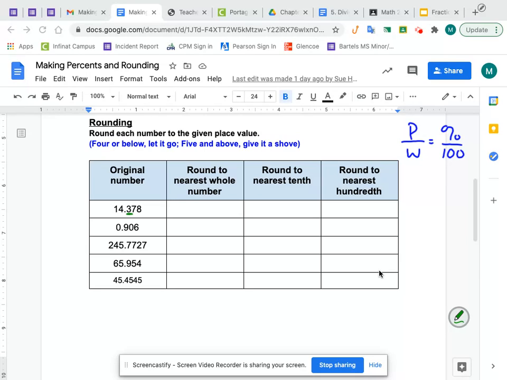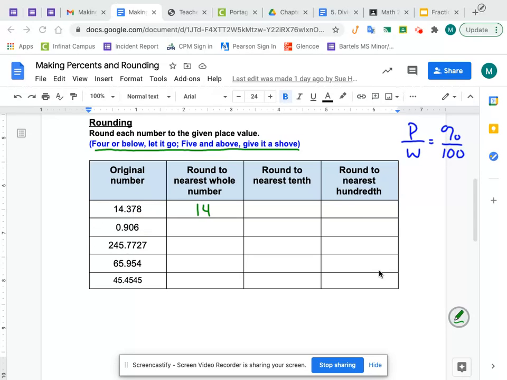And if you take a look up here in blue, it says 4 or below, let it go. 5 and above, give it a shove. Or, we've said in class, 5 or more, raise the score. Well, so I know that it's 4 or below, so let it go. We're just going to cross out those numbers, and 14 would be my final answer.